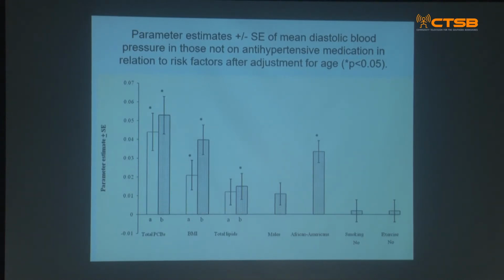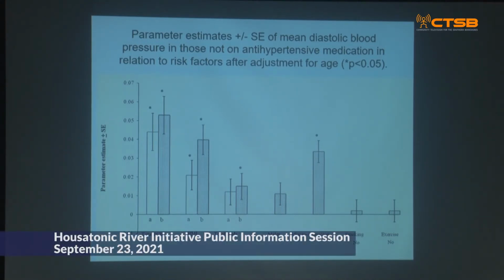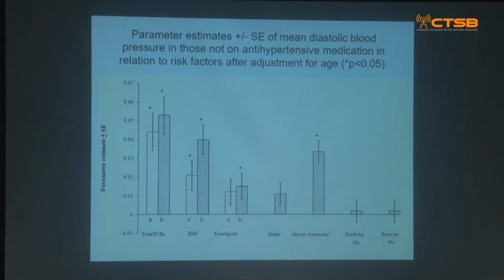And you see that's a much greater risk than BMI, which is fatness, than total serum lipids, your cholesterol and your triglycerides. It was more important than sex, it was more important than race, and it didn't relate to smoking or to exercise.